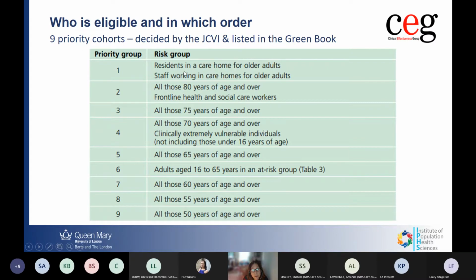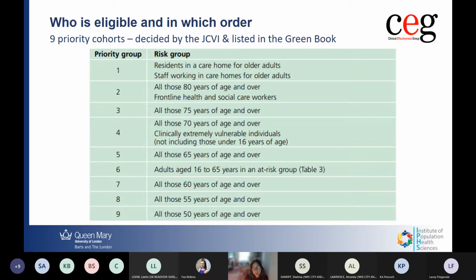So priority group 1, residents in care homes and also staff working in care homes. Priority 2, 80-year-olds and over and frontline health and social care workers. 3, age 75 years and over. 4, 70 years and over, and also those clinically extremely vulnerable individuals, not including anybody under the age of 16.